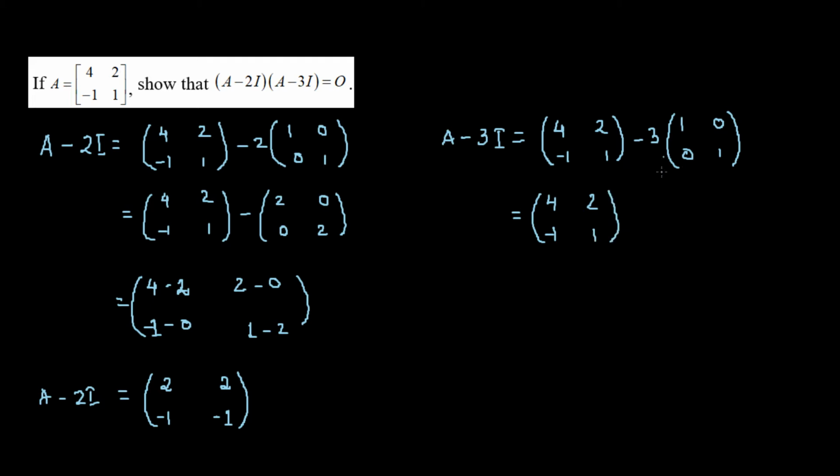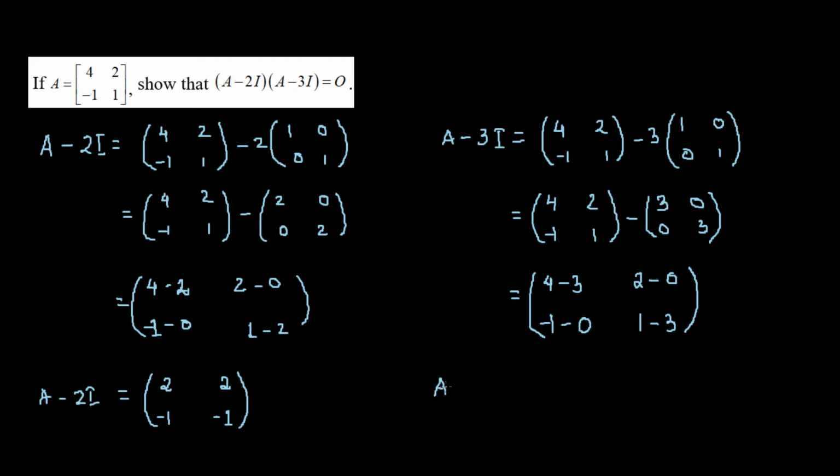Now we are going to multiply 3 to the identity matrix, so that gives us [3, 0; 0, 3], which we'll be subtracting from the main matrix. So this is 4 minus 3, 2 minus 0, -1 minus 0, and 1 minus 3. Let's simplify it. Then that should give us the value of A minus 3I, which is equal to [1, 2; -1, -2].